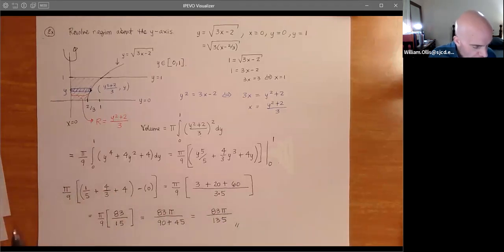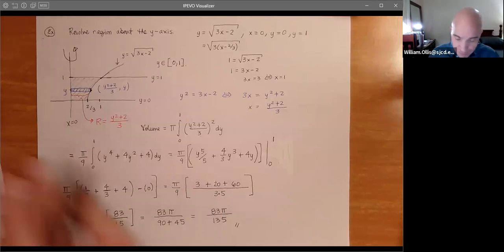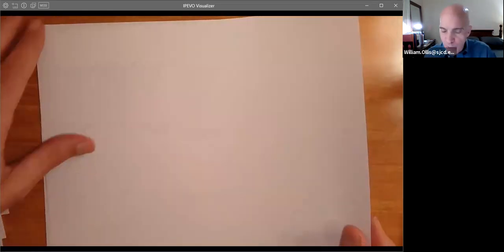Now what I wanted to do is give you a couple of examples having to do with cross sections, and then we can talk about finding the volume of the ring. Now the cross-sectional part is very simple.